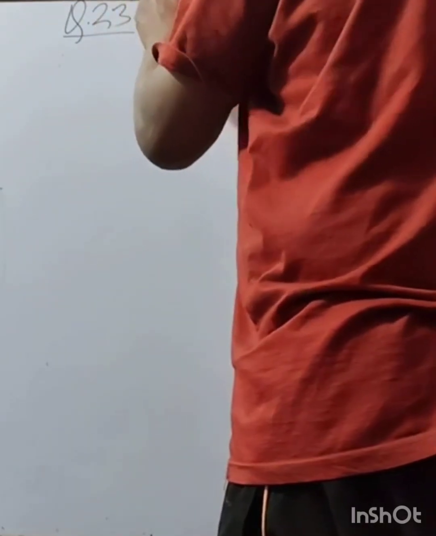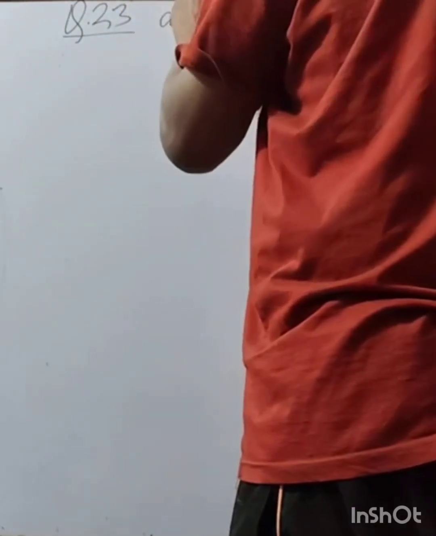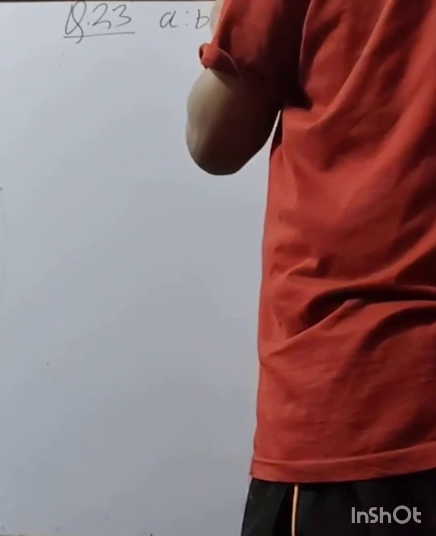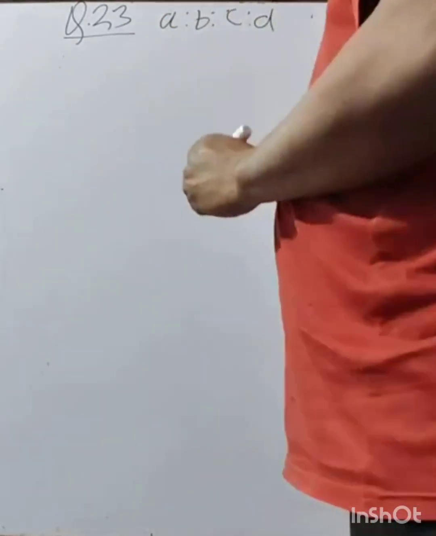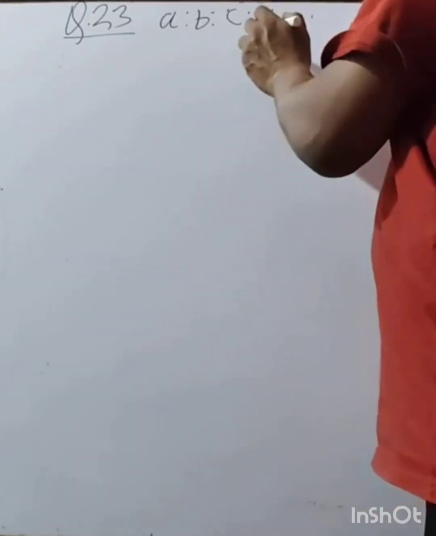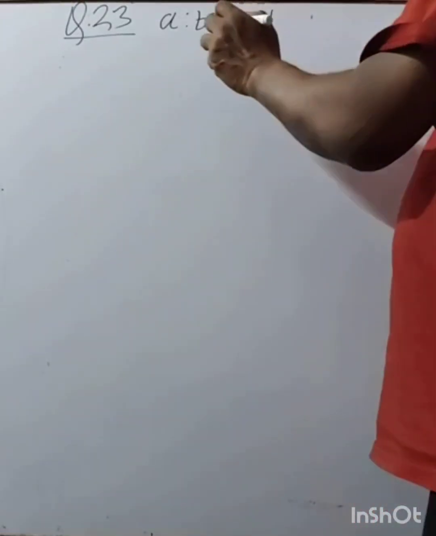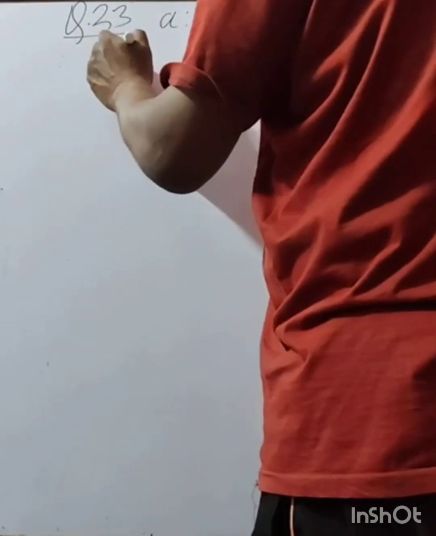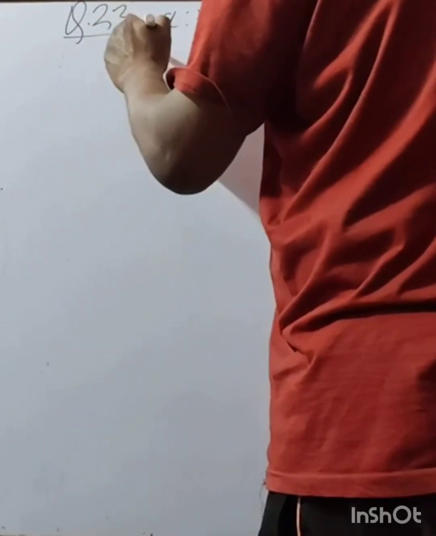There is given A ratio B ratio C ratio D. So they are in continued proportion.